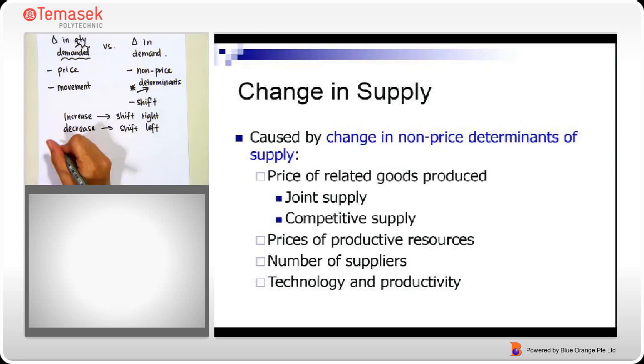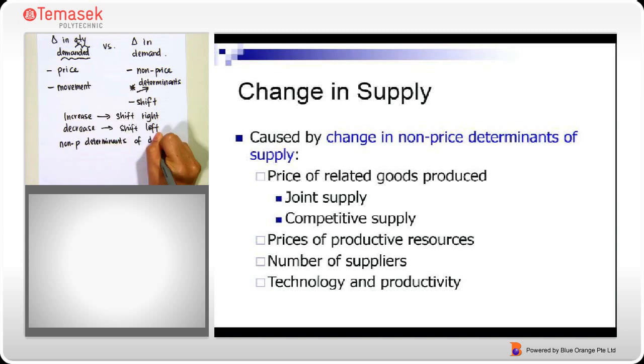So take note that the non-price determinants of demand and supply are different, right?